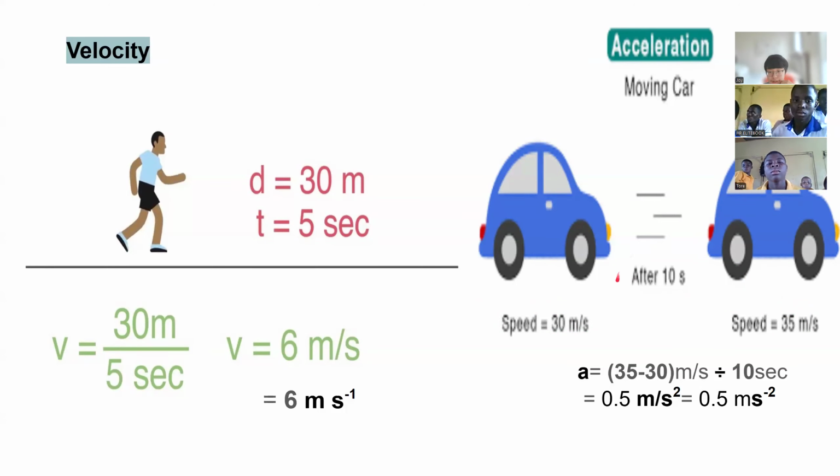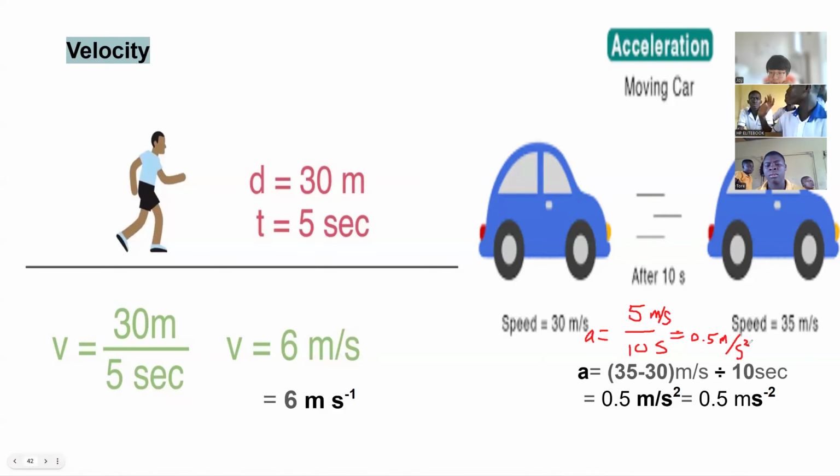It's 10 seconds. That's going to be 5 over 10, and it's going to be meters per second over second. This will be equal to 0.5 meters per second squared, because this second moves down. That is how you can calculate both velocity and acceleration.